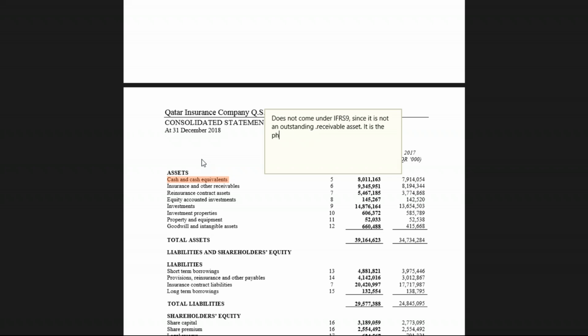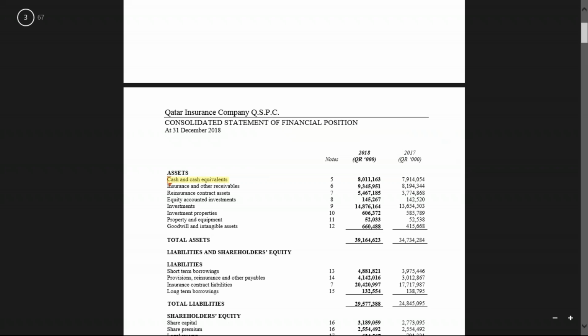It is the physical cash with the bank, and hence is a pure asset. No impairment, no provisioning is required for it. Right?